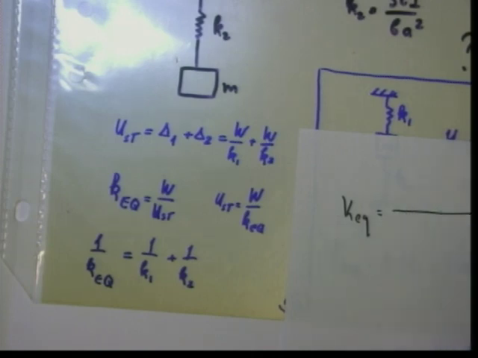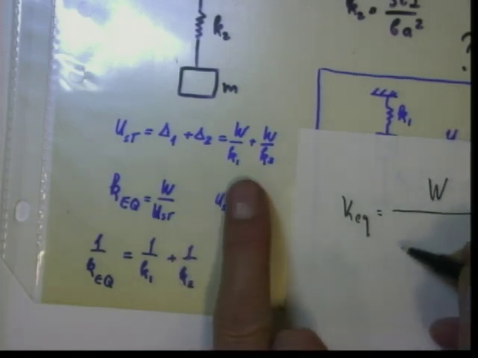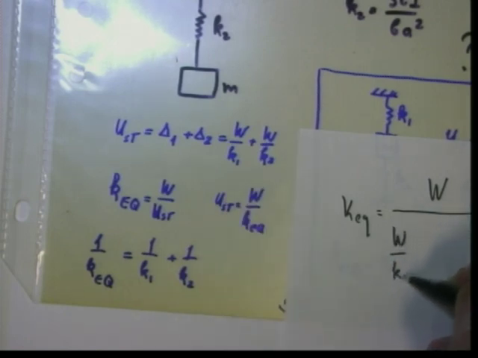So therefore I am writing down K equivalent equals W divided by U static. So U static equals W over K1 plus W over K2.